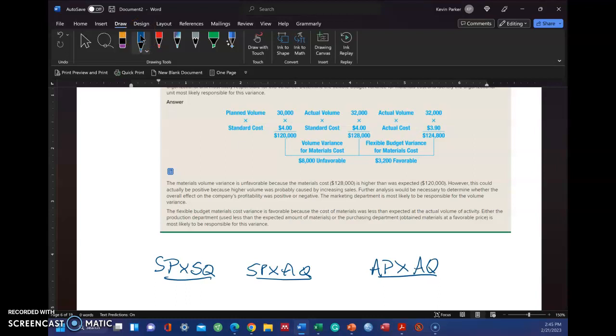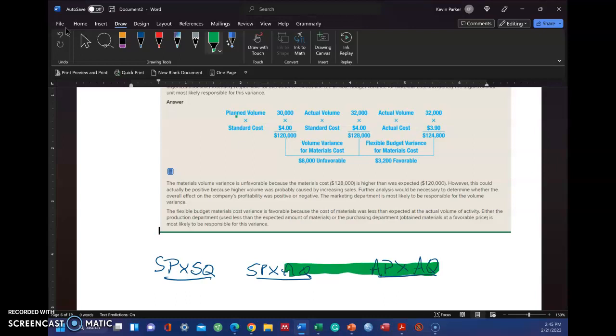Before I move on, let's look at what I've done. This side over here is all standard. Standard price times standard quantity and standard price again. And on this side, we have actual. Actual quantity, actual price, and actual quantity again.